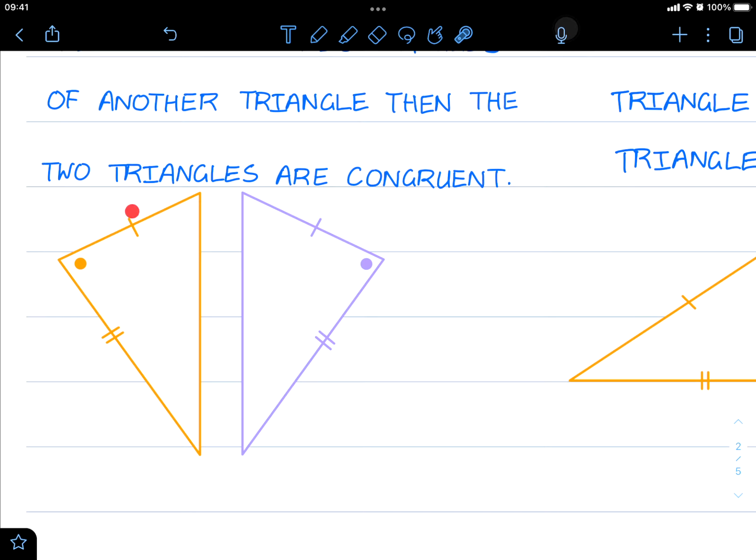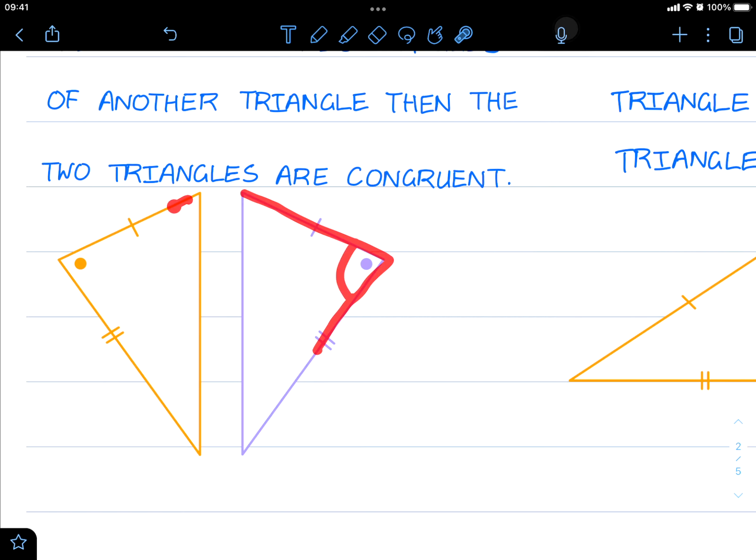So take a look. We have 1 pair of sides that are equal. We have another pair of sides that are equal. And the angle between the 2 sides is also equal. So notice how the angle between the 2 sides are equal.